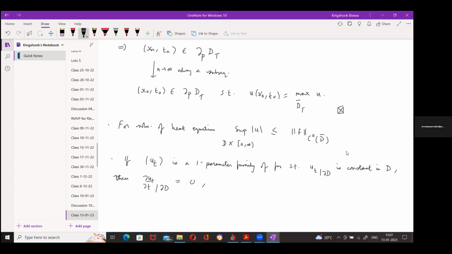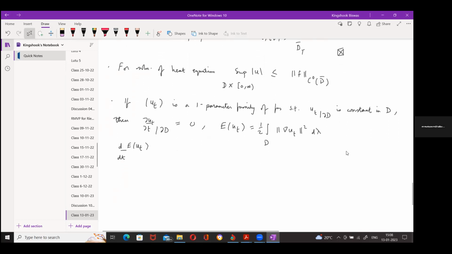So if I look now at the energy of u_t, this is equal to the integral over D of half the norm squared of grad u_t, d lambda. Then what is d/dt of the energy of u_t?